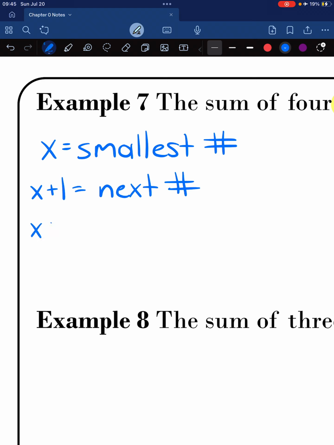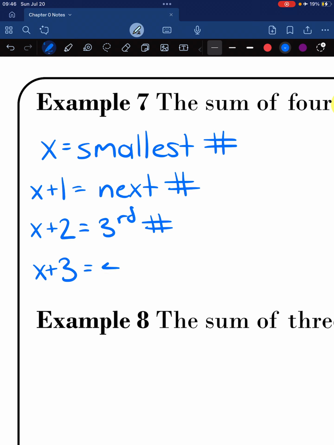Then to get the next number, I add 1 again, so I take the smallest number and add 2. Again, if it was 2 and then 3 and then 4, 4 is 2 plus 2, right? So this is going to be the third number.